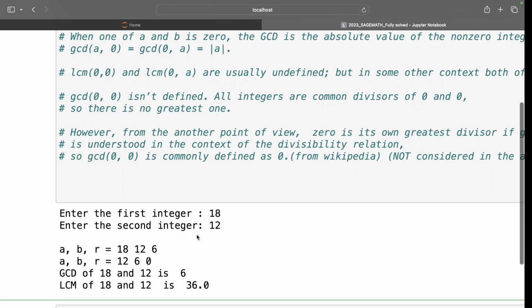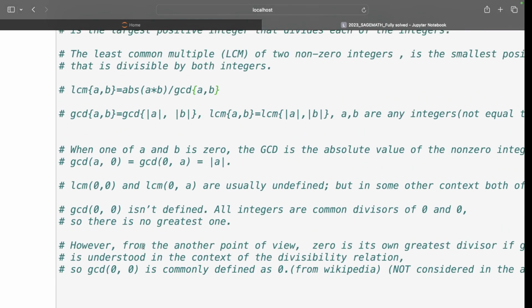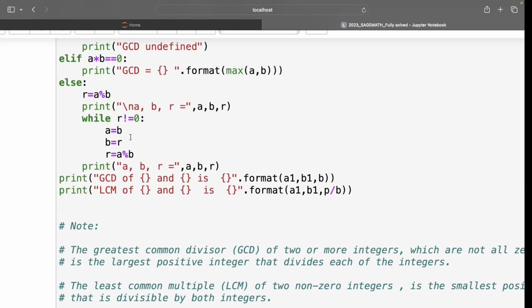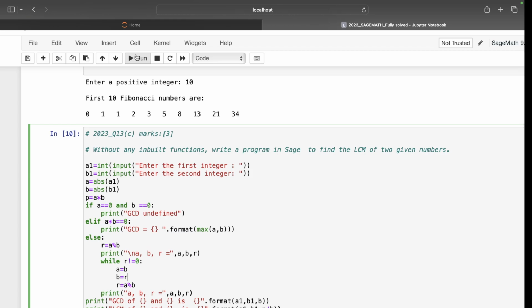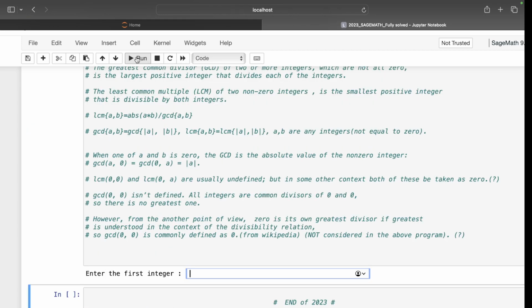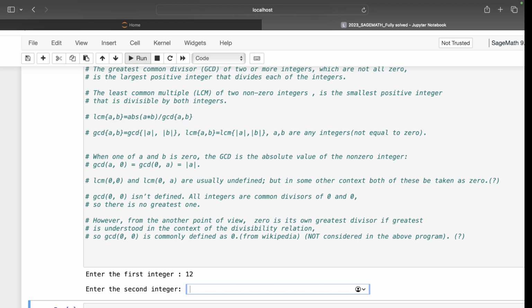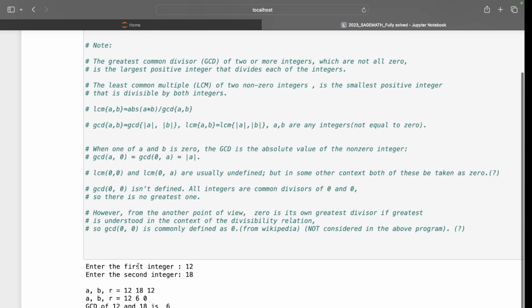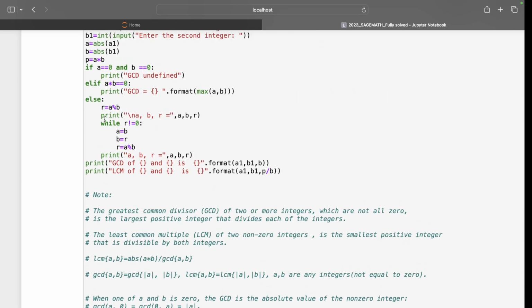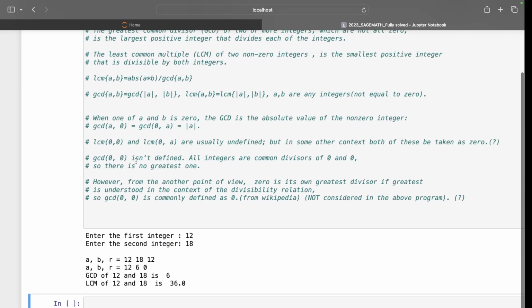So remove this GCD line. If we run this program again, first input 12, the smaller integer, and next input 18. Then R equals A modulo B. Here A equals 12, so 12 is divided by 18.